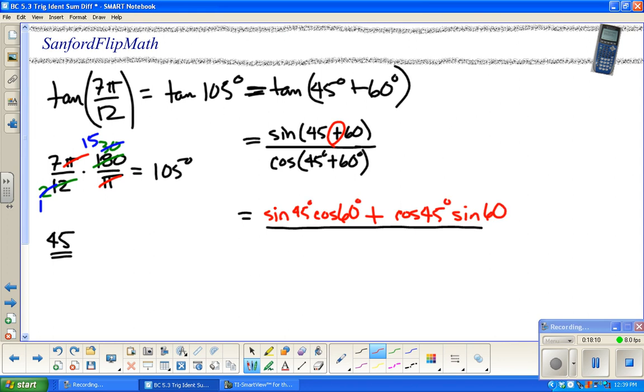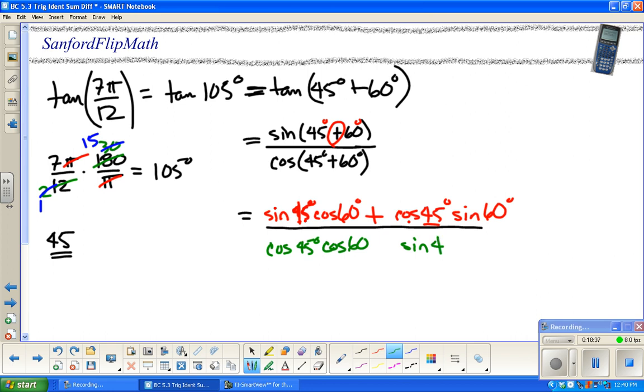Sorry, I got degree symbols all over the place that need to be there. Sine has to be with 45 and cosine has to be with 45. Okay, it's not a guarantee that you're going to have everything in the right order, but at least it helps you take attendance. Okay, cosine has the same functions together. So cosine, cosine, sine, sine.